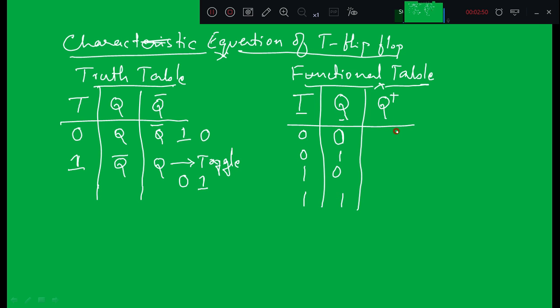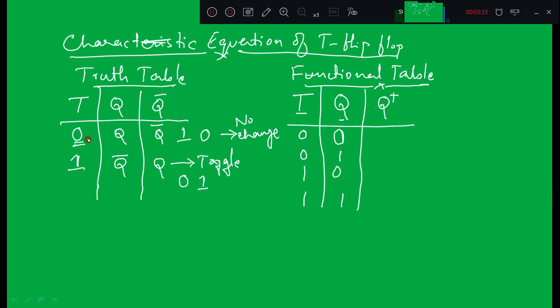So now we will write the next state depending on the values of T and Q, right? You just refer to the truth table of T flip-flop to fill out the last column here, right? When T is equal to 0, it is going to remain in its previous state. This is called the no change state. If my previous state is 1 0, and I make T equal to 0, it is going to remain in that state.